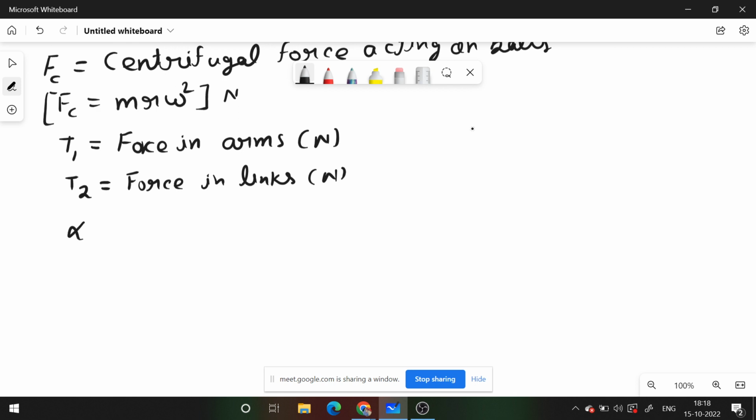Alpha is equal to the angle of inclination of the arms to vertical.